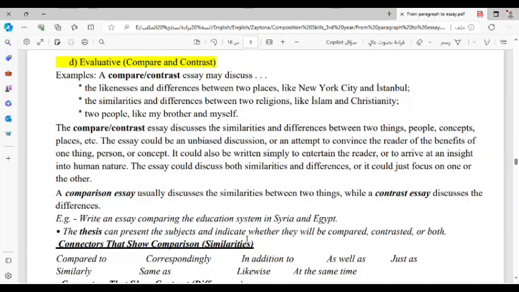This is contrast, because you are contrasting life in the city and life in the countryside. You are talking about the differences, the different characteristics of living in the countryside and in the city. When you say, for example, living in the city is more expensive than living in the countryside, here you are talking about differences. So maybe in the same essay, you will talk about similarities and differences.